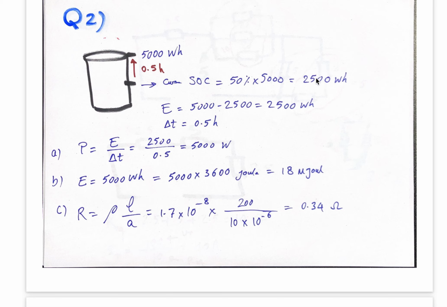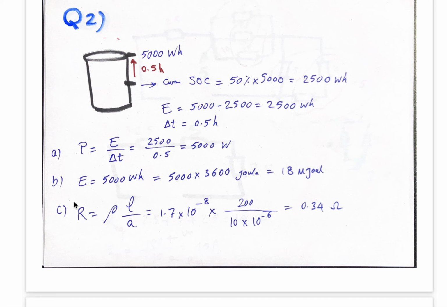So from 2,500 to 5,000, you need another 2,500 watt hour. So the energy you need is 2,500 watt hour, and the time in hours is 0.5. Be careful, even if in the question it is in minutes, you need to put it in hours here, because your energy is in watt hour, not joule. So watt hour divided by hour is watt, 5,000 watt.